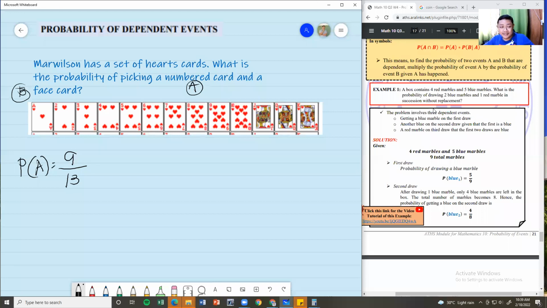Okay, that's our first. Now, this happens in the dependent events because this time, when you pick again, remember, here we are without replacement.